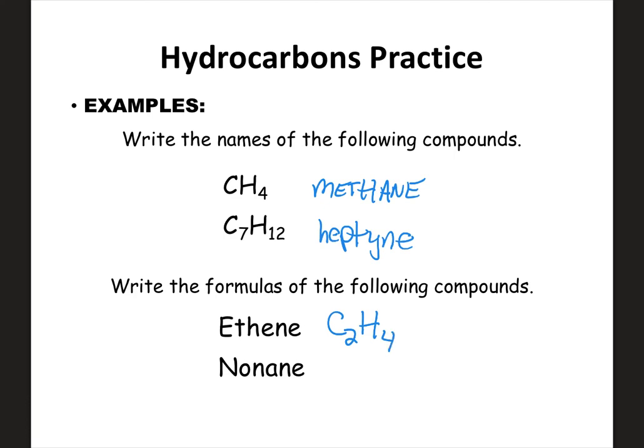So again, knowing that ending, ene, means times 2 for the number of hydrogens is important here. All right, so last one is nonane. So as soon as I see A and E, I immediately know it's going to have C and H in it. The non part tells me that there's going to be 9 carbon. And then if it's ane, anes are always times 2 plus 2. So 9 times 2 is 18 plus 2 would be 20 hydrogens.